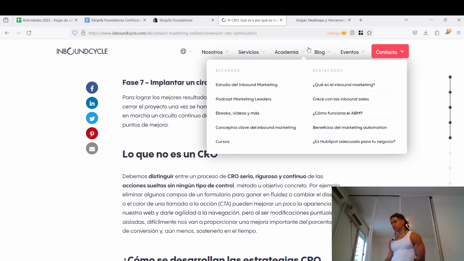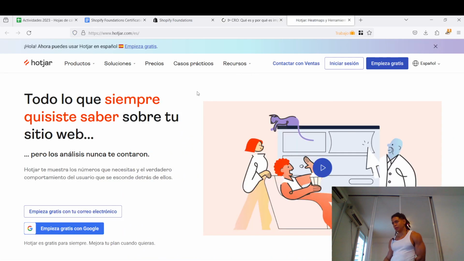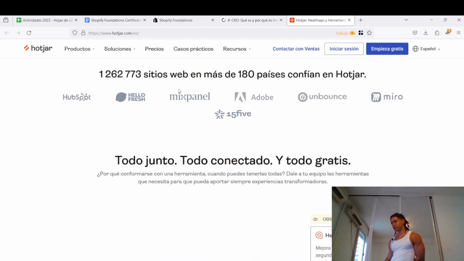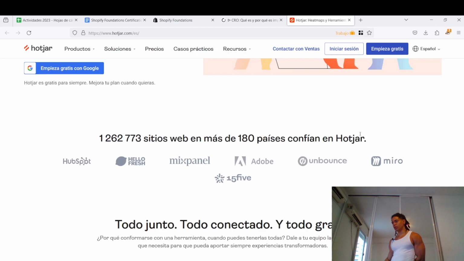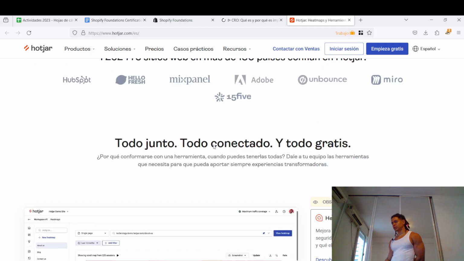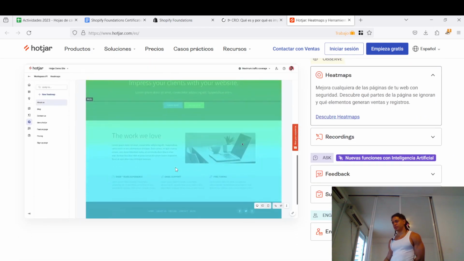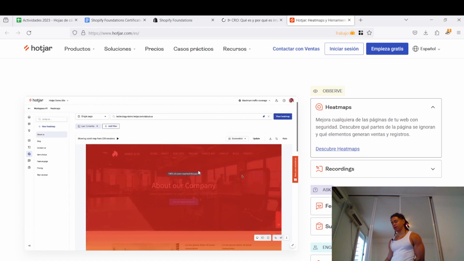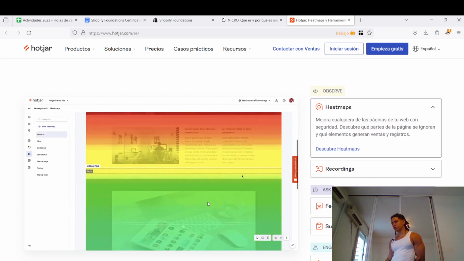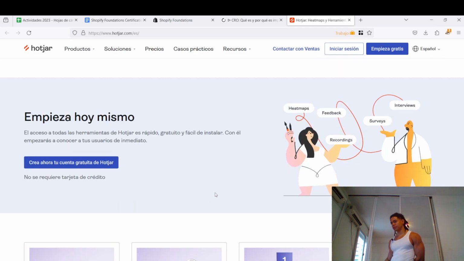For example, heat maps for your business. Even Miro, Hotjar, of course, Adobe, exactly, because it shows you in a heat map where your customer is actually looking.